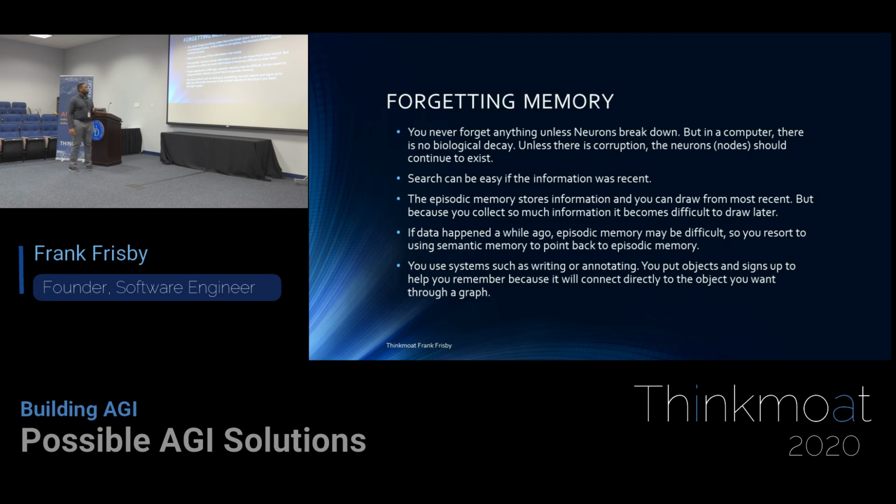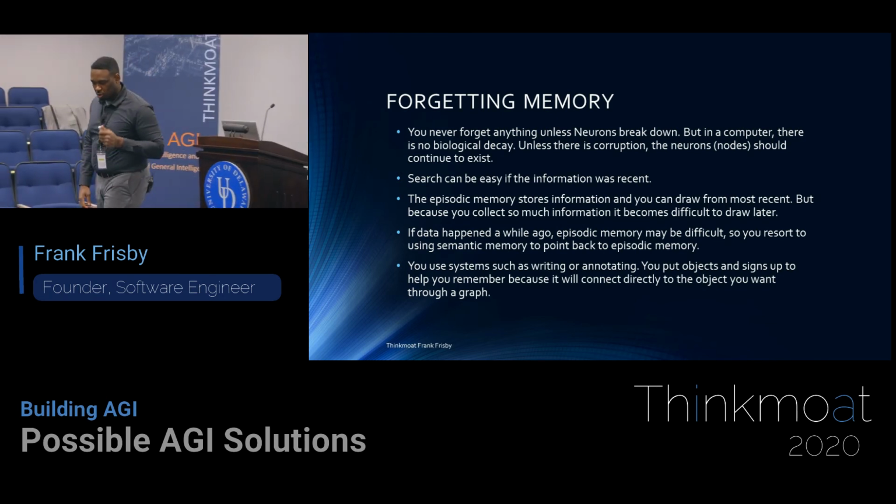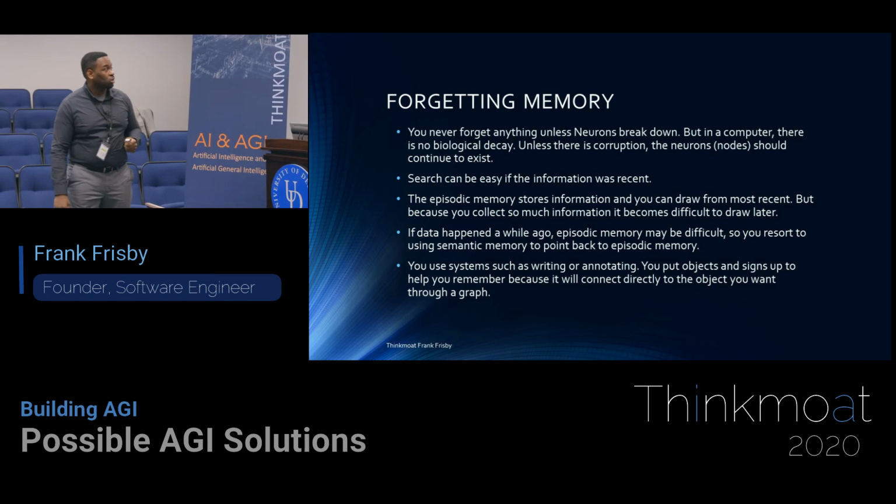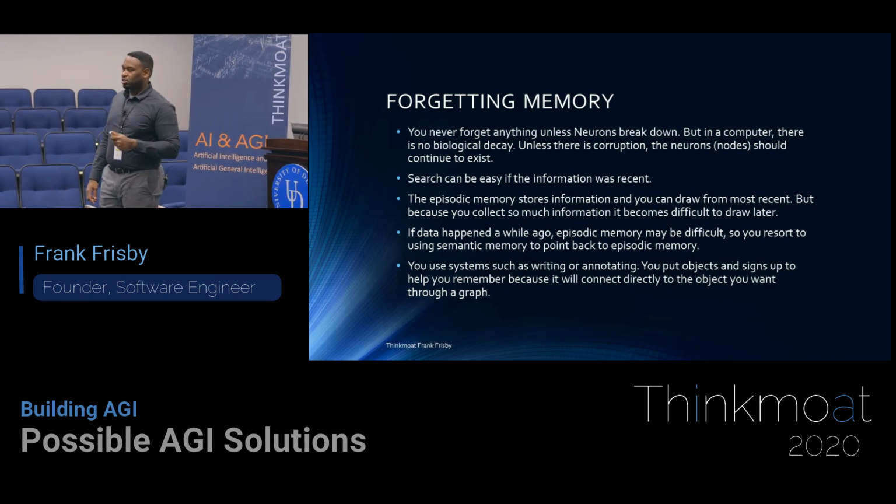Forget memory. We don't forget anything. I mentioned earlier, we don't forget anything. Actually, everything is stored. And sometimes you may think you lost information or you forgot something. What happens is, over time, things are reshuffled and reorganized, like I mentioned, and those connections may not have been reformed. So it may still exist.